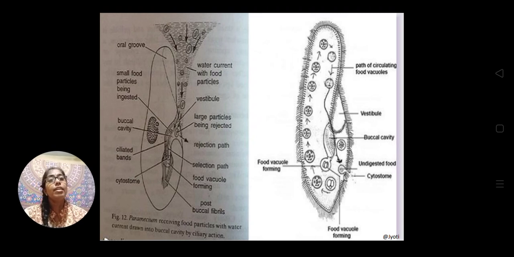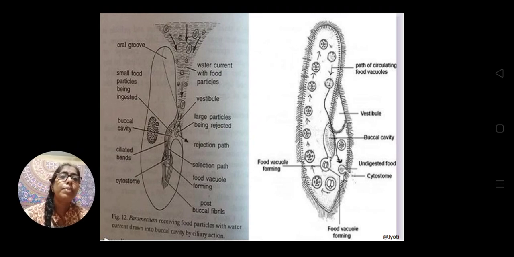Now you can see that the food vacuole is moving in the cytoplasm, and as it moves, the cytoplasm releases enzymes into the food vacuole. The food is digested, then the digested food is absorbed by the cytoplasm, then it is assimilated throughout the cytoplasm, and ultimately you can see that a little amount of substance is left in the food vacuole, and that is the undigested food.